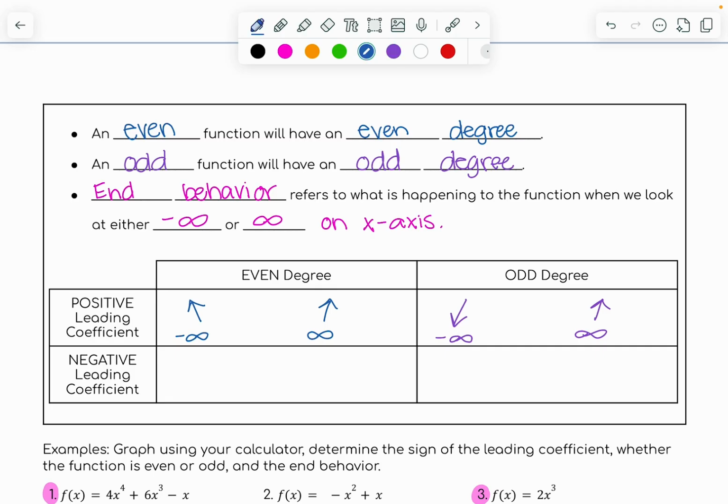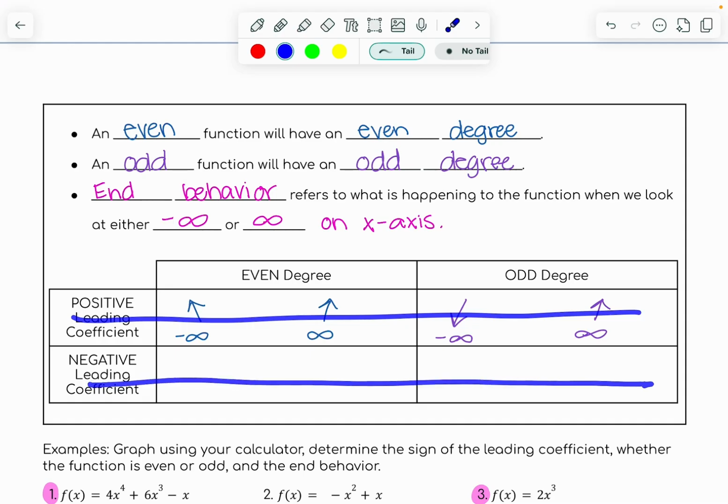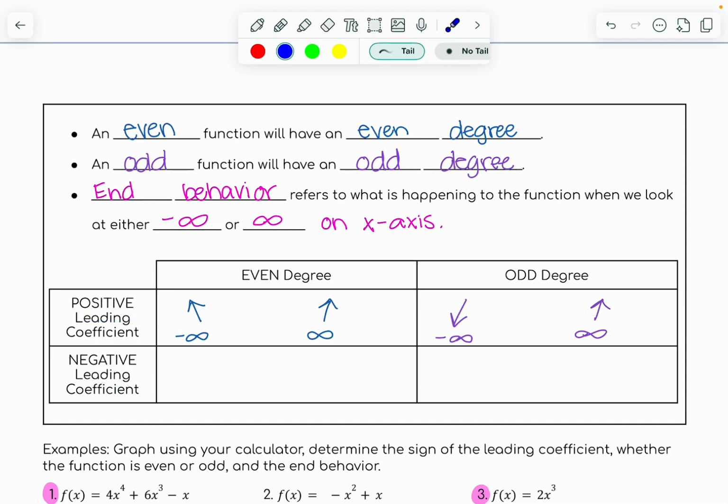So then when we have positive versus negative, I did all the positives, now I'm going to do all the negatives. And they just switch from what they are. So instead of both ends going up, both ends go down if it is even and negative.